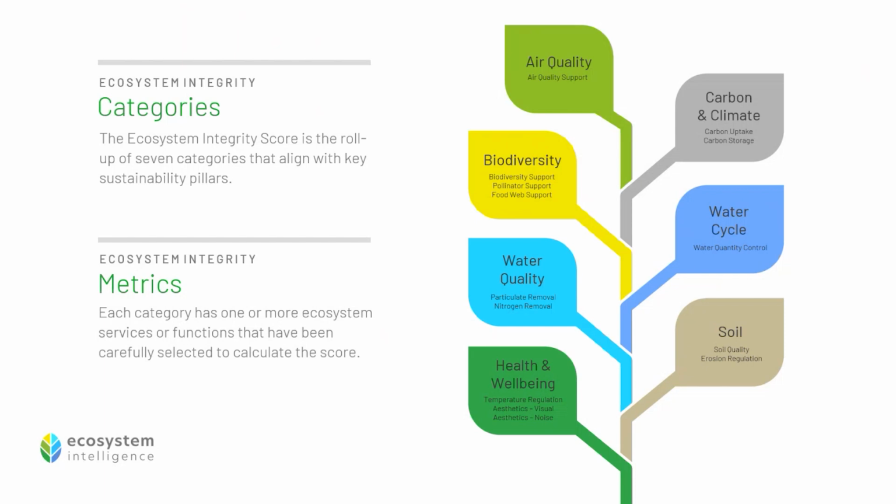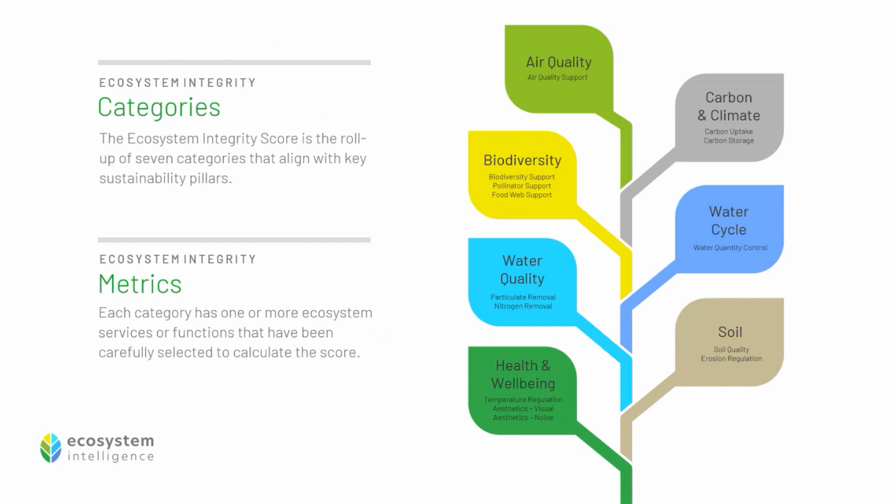So when you see the output, it'll be for the 7 different categories, but all of the services that feed into those categories are used to calculate ecosystem integrity. And what it's telling us is we know that within a particular biome, nature thinks that the ideal level of performance for air quality support or carbon and climate or water cycle is X, Y, or Z, right?